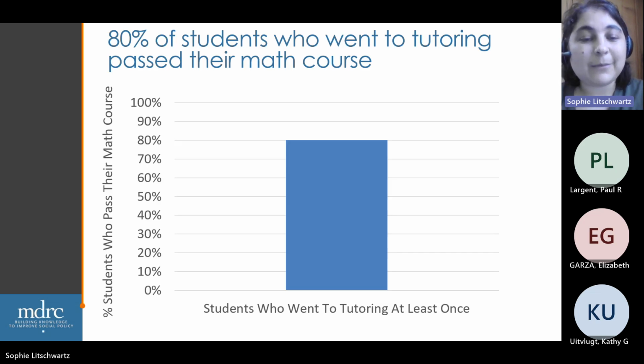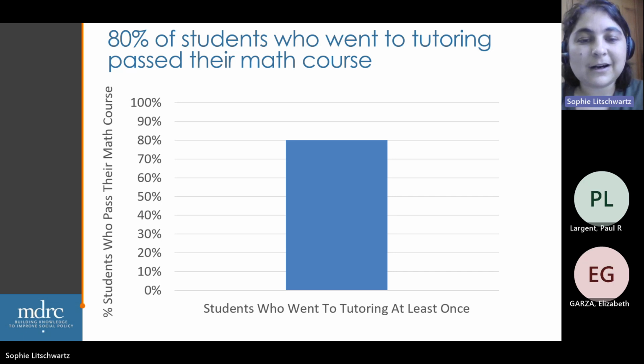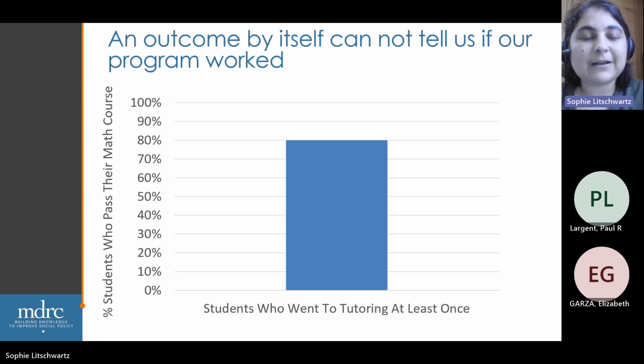So here I've got my tutoring center, and I have my bar chart, which shows that 80% of students who went to tutoring passed their math course. But I don't know what to do with that. I don't know if that's a lot or a little. I don't know if my tutoring helped or not because I don't know how to think about that in comparison to anything else.